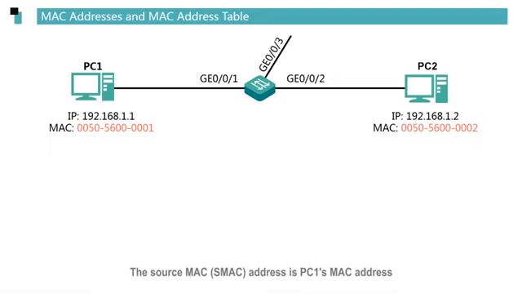The source MAC, SMAC, address is PC1's MAC address 0050-5600-0001, and the destination MAC, DMAC, address is PC2's MAC address 0050-5600-0002. The switch forwards the data frame through a specified port. Such behavior is called switching. The data frame is unchanged before and after switching. Therefore, switching technology is said to use transparent transmission.